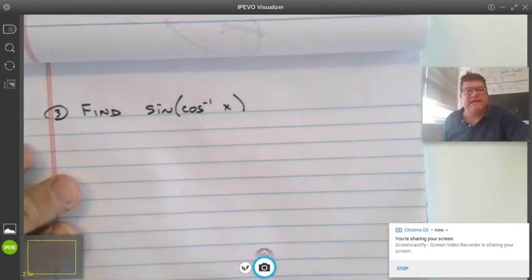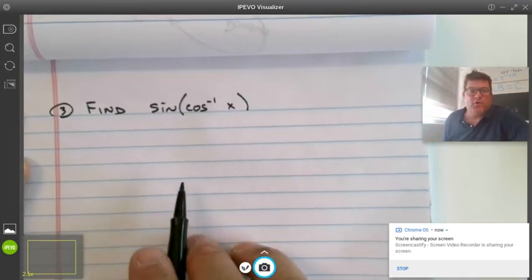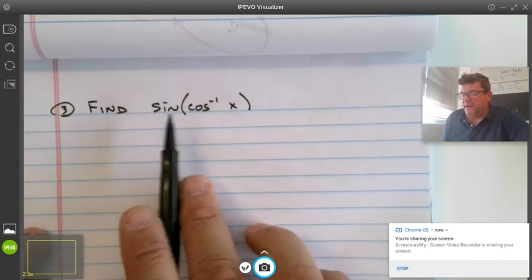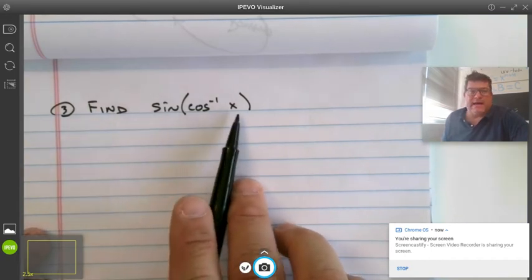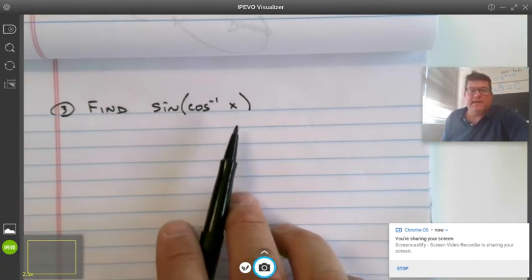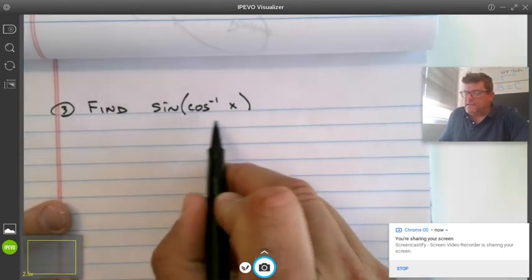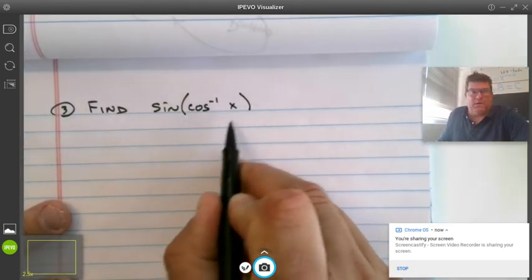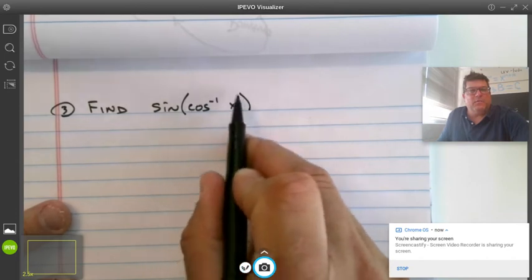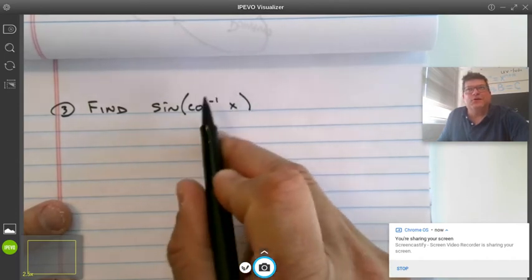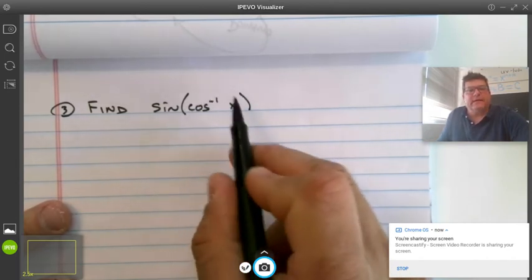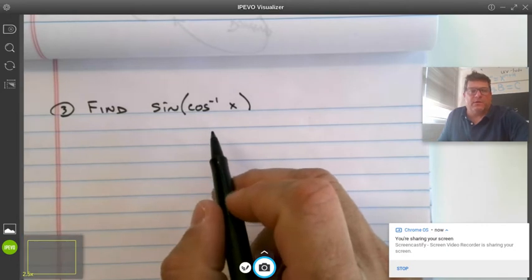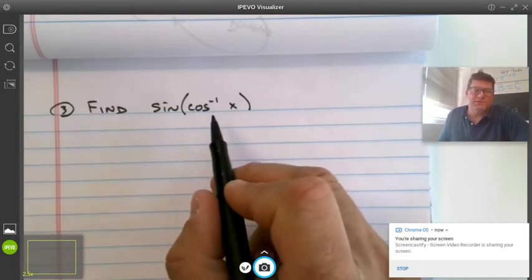All right, this next example from section 0.4 is finding the sine of the angle whose cosine is x. So a couple of things that we need to consider. This is going to output an angle. Do you remember the range restrictions on these? It gives us the principal angle. It doesn't give us an infinite number of answers.